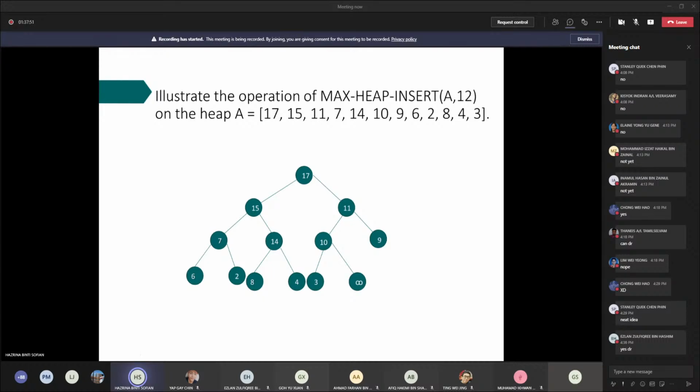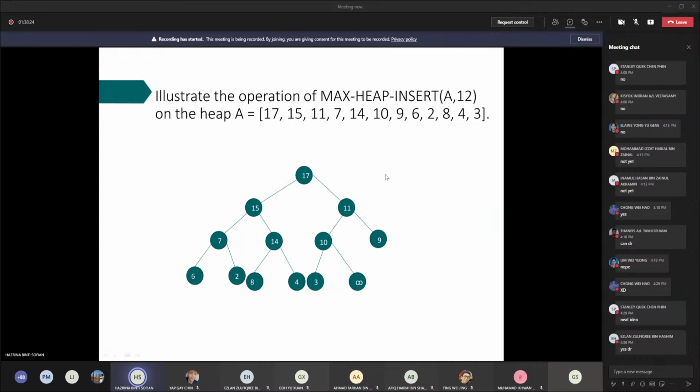Is this a max heap? We have a max heap, and we want to add a new element inside the array. There is one max heap insert algorithm, but over here I just want to give extra examples, so I don't describe the algorithm in detail.